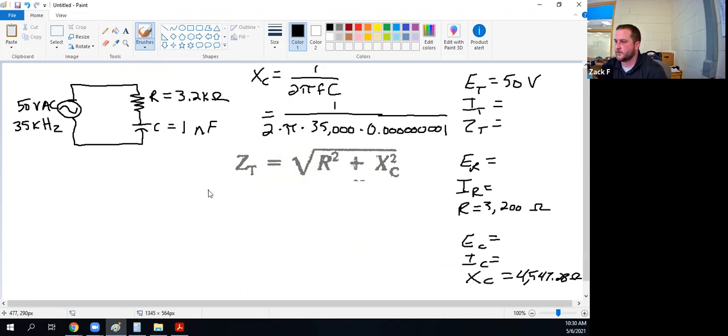Which equals square root of 3,200 squared plus 4,547.28 squared.